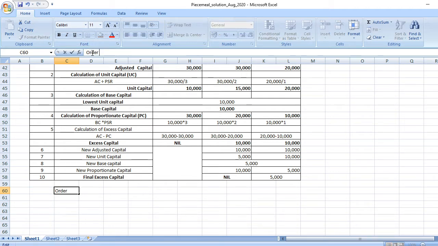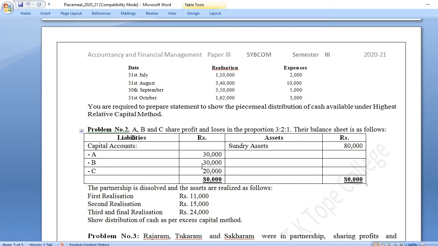Order of payment. Now this particular problem, order of payment, is very simple to calculate. First of all, if you see our problem, there is no liability, there are no creditors, no bills payable, no loan, so no need to pay the liabilities.